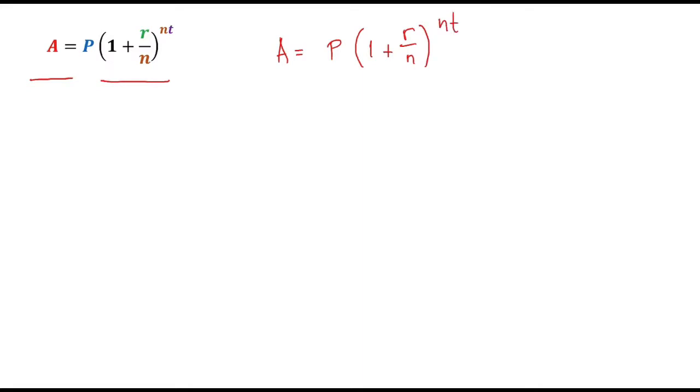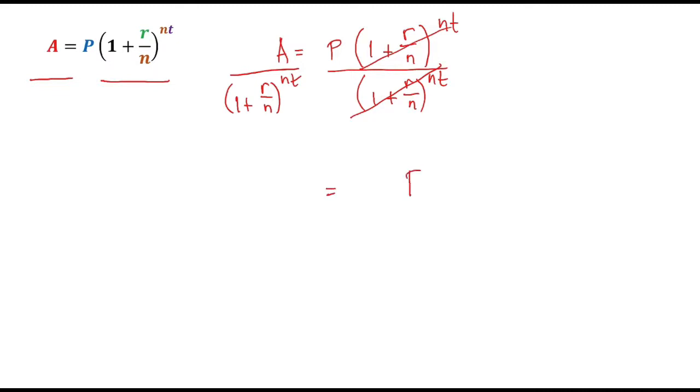So we will divide both sides by 1 plus R over N raised to the power NT, and here we can cancel out. Therefore, P can be solved by finding A divided by 1 plus R over N raised to NT. So that is the formula for finding P.